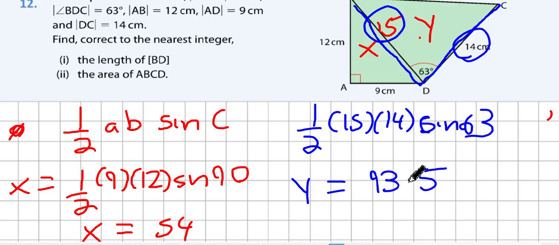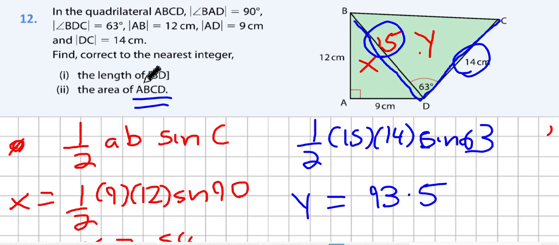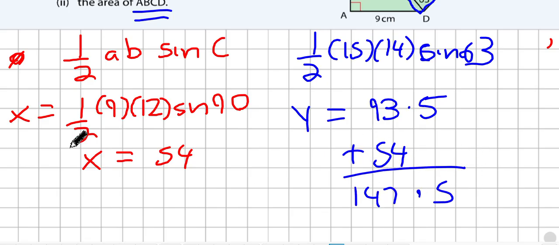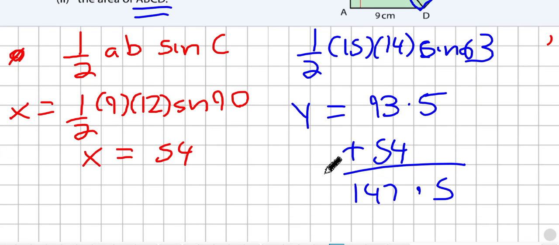There we go. Okay. It wants the area of both of them added together though, because it wants the area of the full object. It wants A, B, C, D. Did you multiply them? And I'll just add them. Yeah. What units? Centimeters squared.